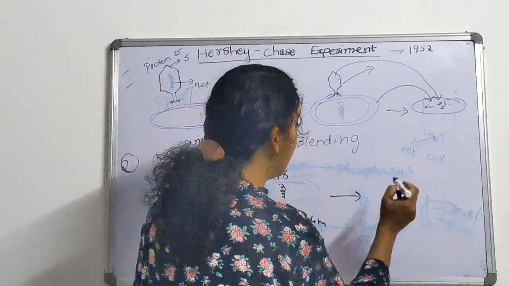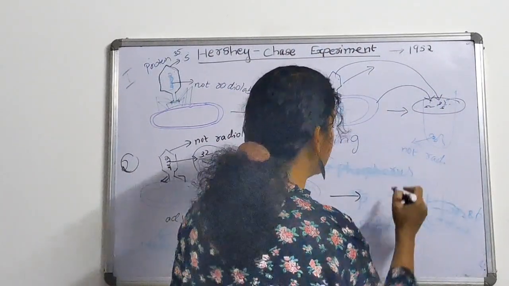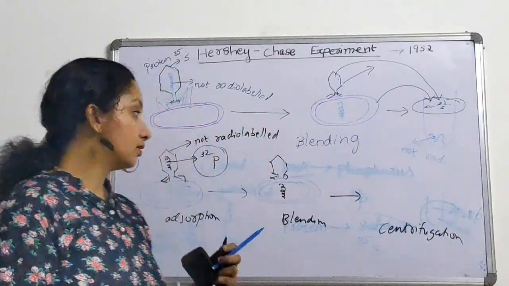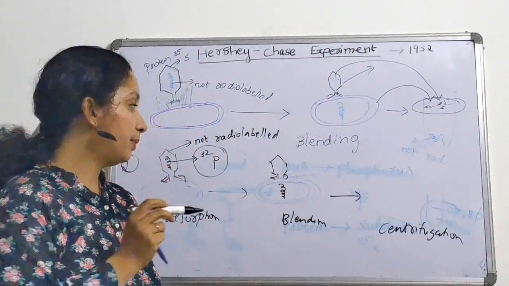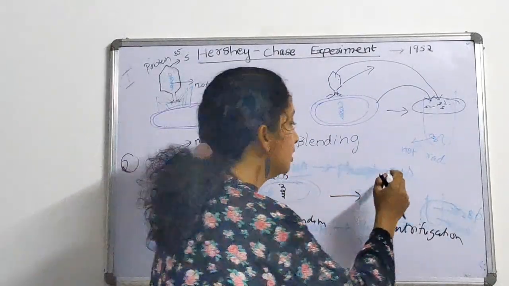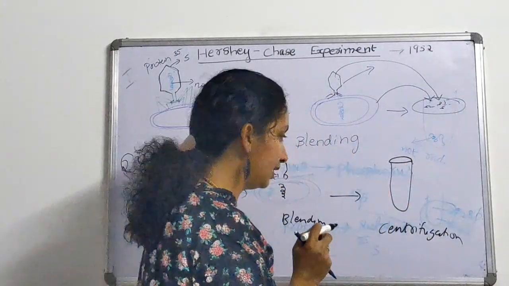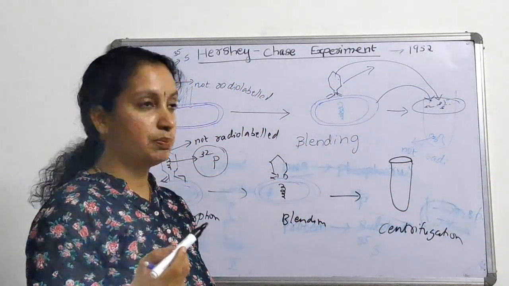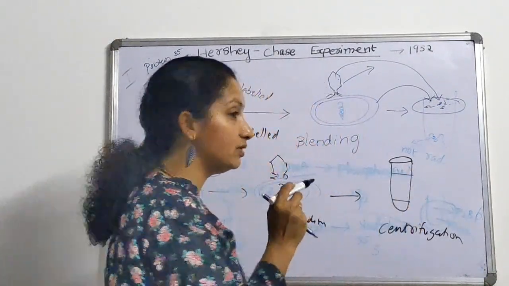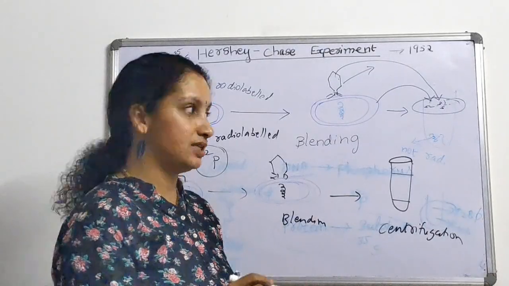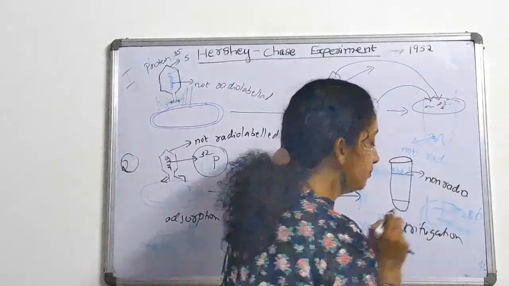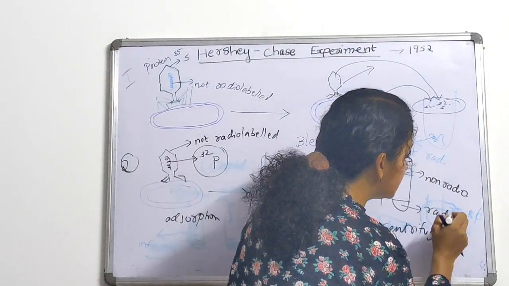The last process, centrifugation, will be carried out to separate the other parts of the bacteriophage which have not entered the bacterium, so that in the centrifugation vial, after setting the RPM, we check the supernatant or the bottom for the radioactive material. Here we see non-radioactive material, and here radioactive material.